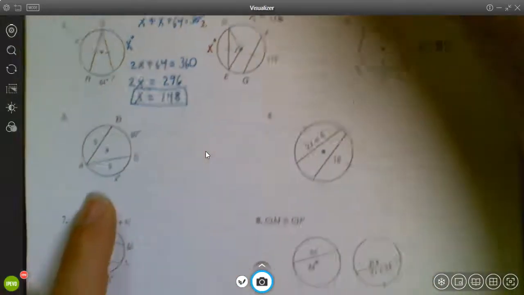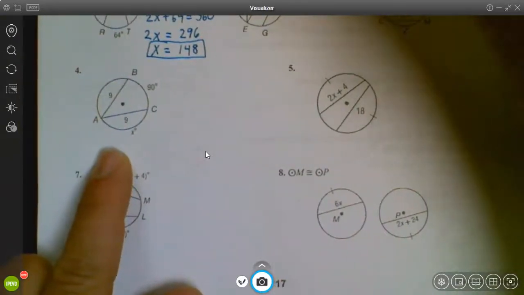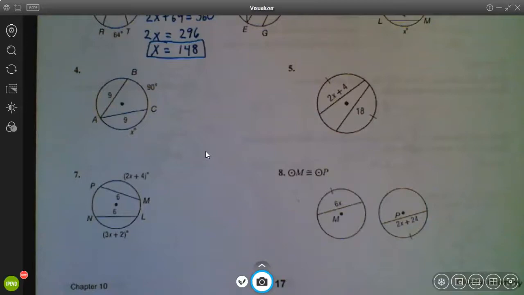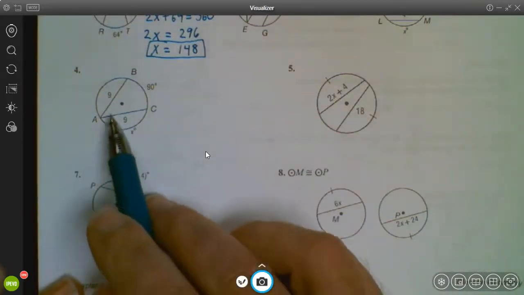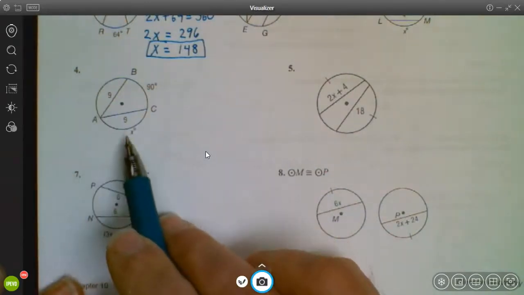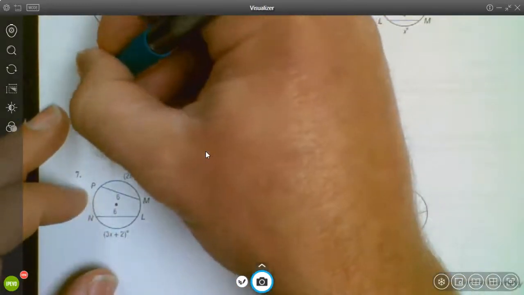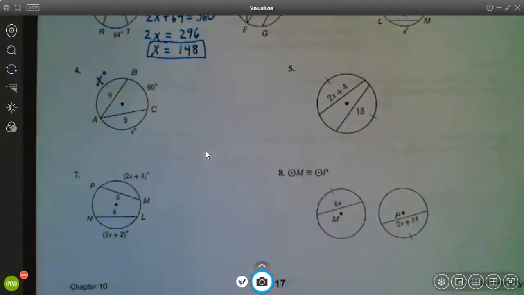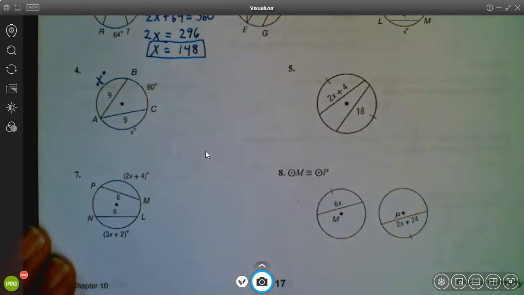Let's jump down to this guy. Guys, at any time, it's a great thing to pause the video and try these on your own ahead of me for some practice. This one is very similar to number 1. Right? I can tell that these two chords are congruent, which must mean that the two arcs are congruent. So if we can call that one x, that means we can also call this one x. And now we're back to our previous lesson that says all the arcs of a circle must add to 360.